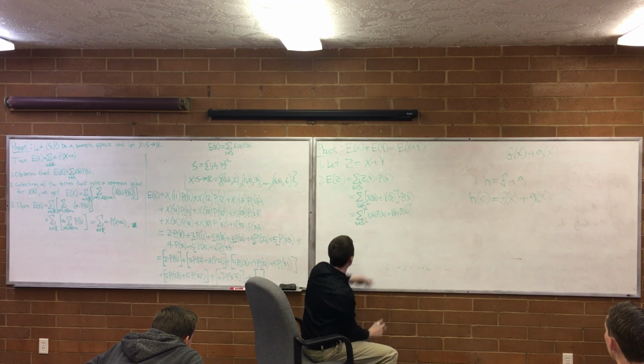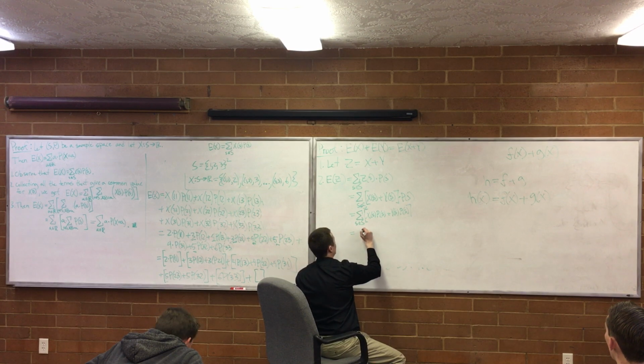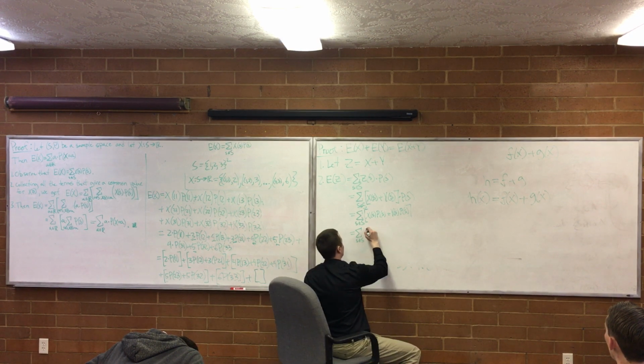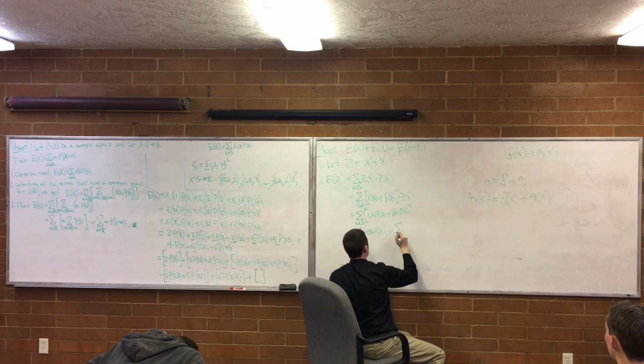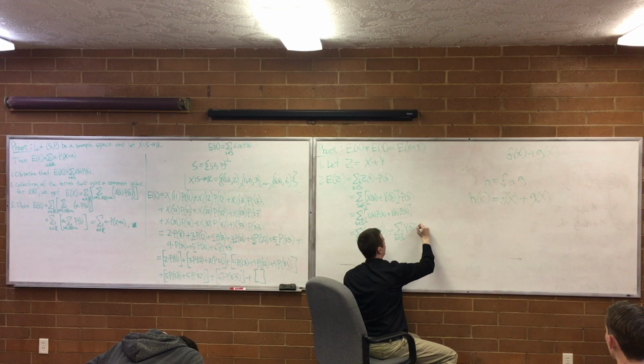And then finally, I can just break this into two separate sums. It is equal to the sum for s in S of X of s, P of s, plus the sum for all s in big S of Y of s, P of s.